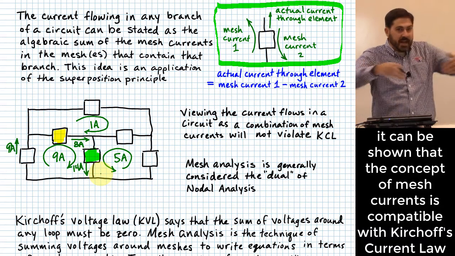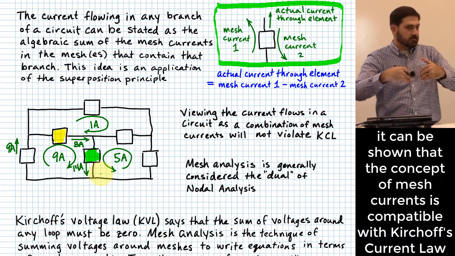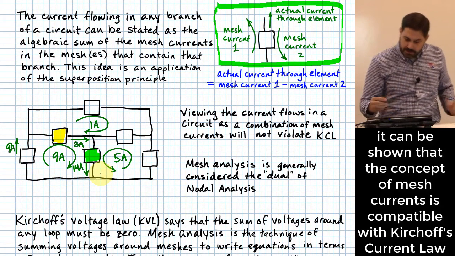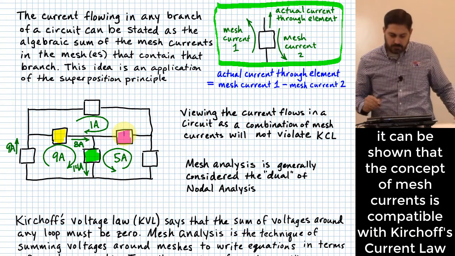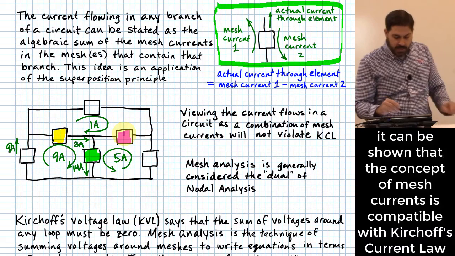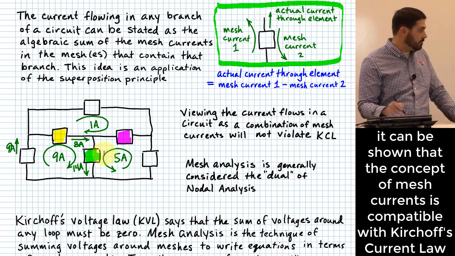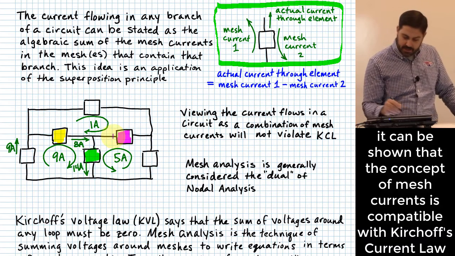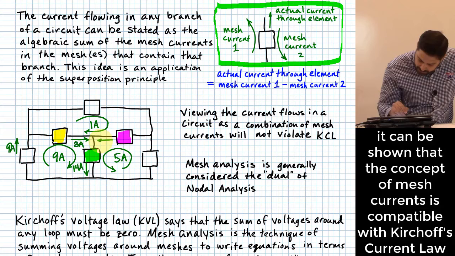So those two add together to make 14 amps coming downward. With me so far? What about this circuit element up here? I'll highlight it purple. Kind of like the one we just did, the arrow of the 5 amps comes the same direction as the arrow of the 1 amp at that circuit element. And so this current right here is going to be 6 amps.